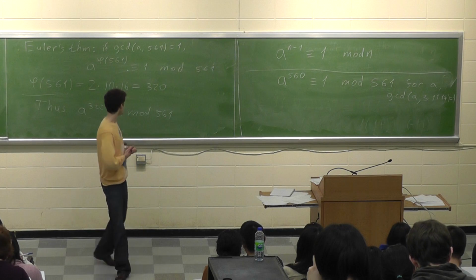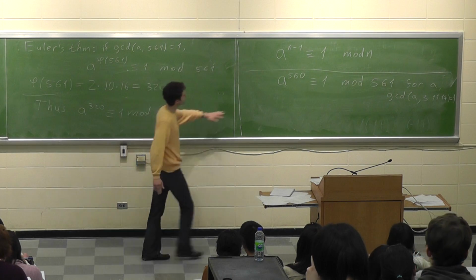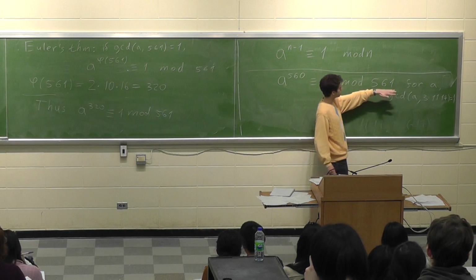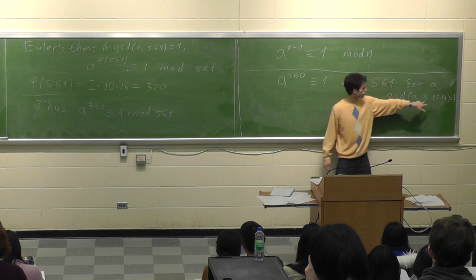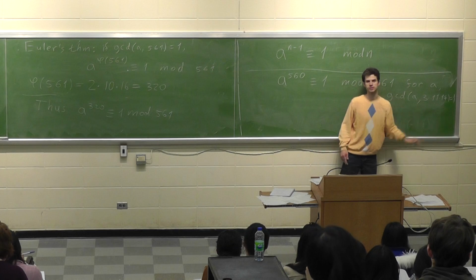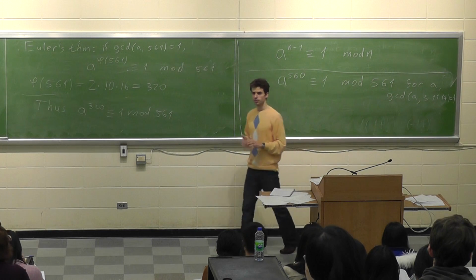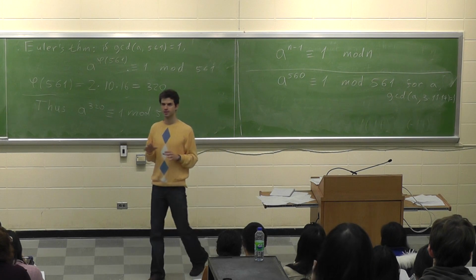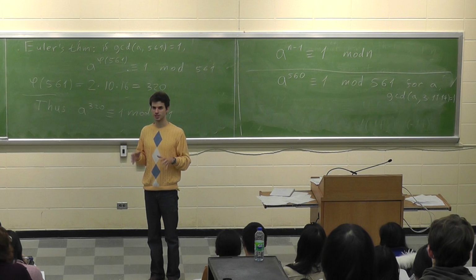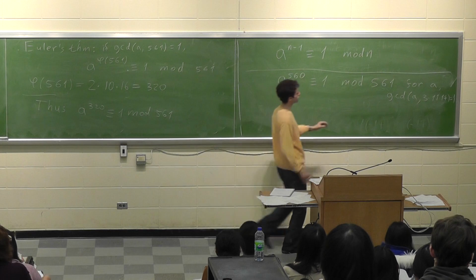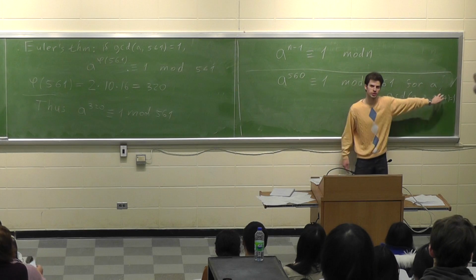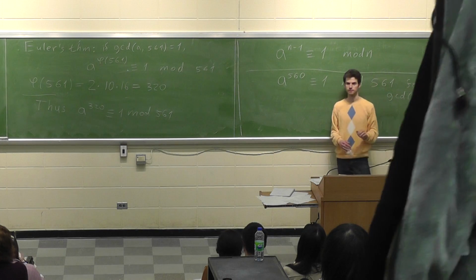So the other idea is, I want to know what this number is modulo 561. Modulo this product, 3 times 11 times 17, by the Chinese remainder theorem, it is the same as learning what the remainders are separately modulo 3, modulo 11, and modulo 17.